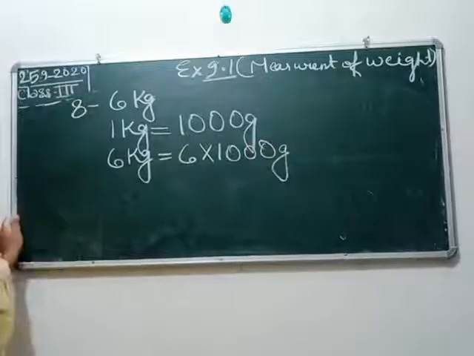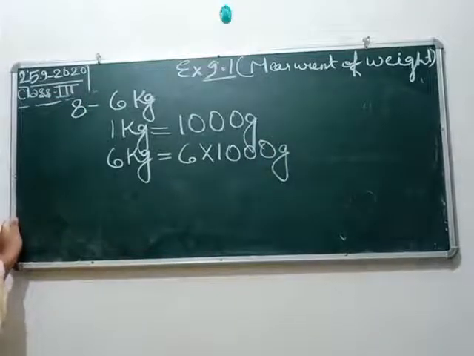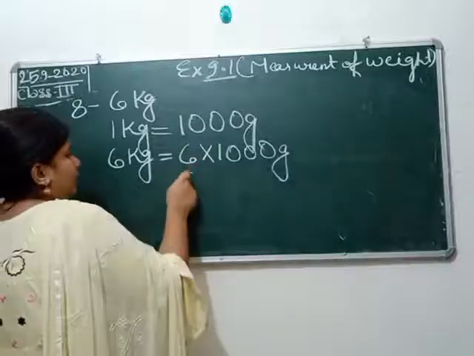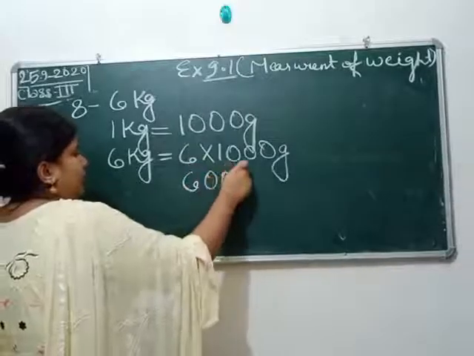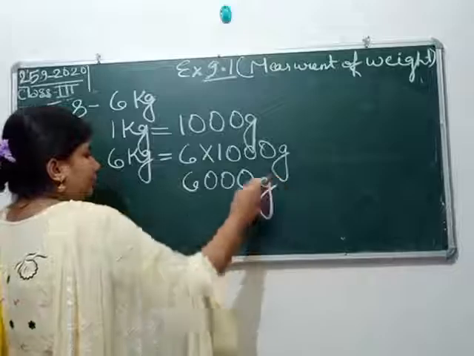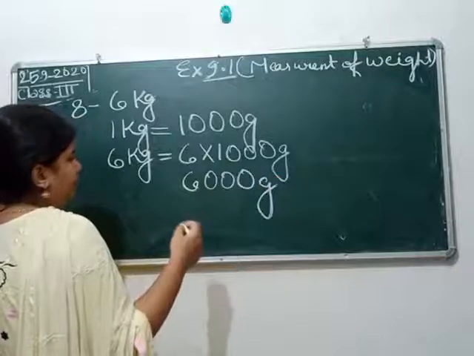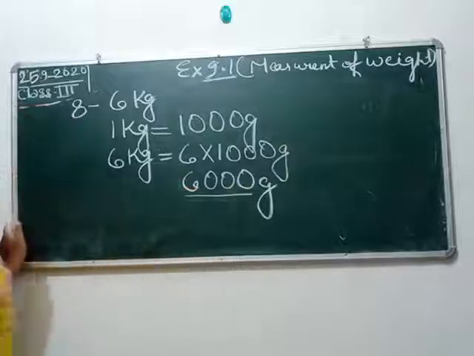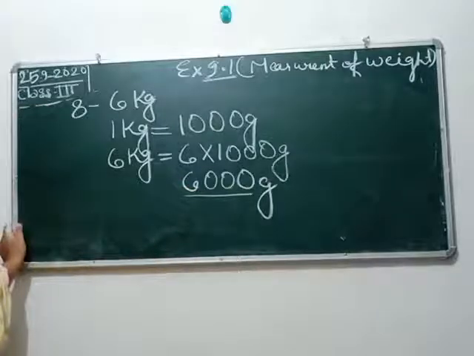Now 6 into 1000, how much will you get? Okay, so you will get 6000 gram. 6 kg equals 6 into 1000, 6000 gram.